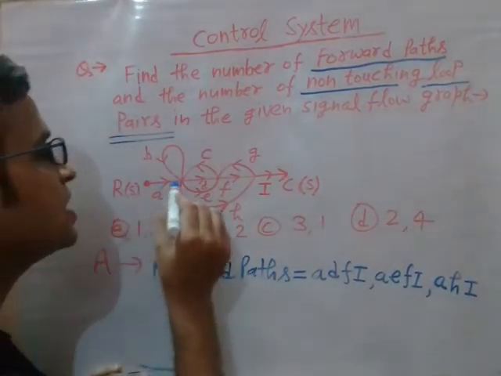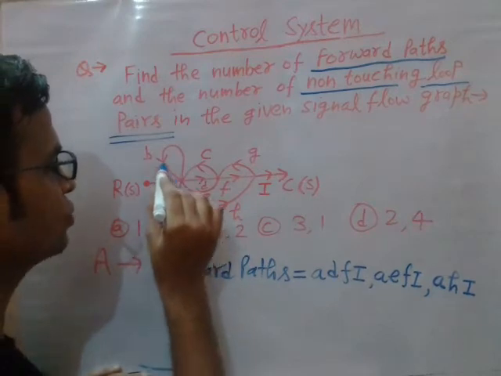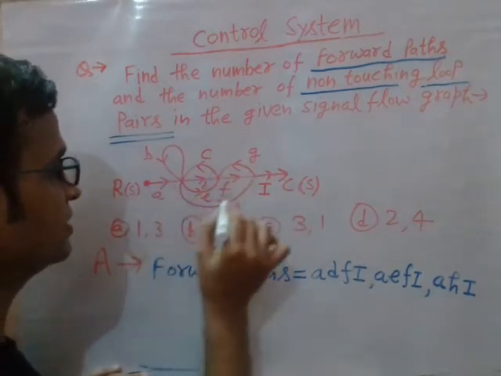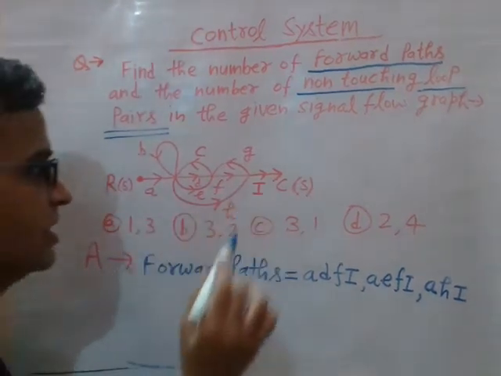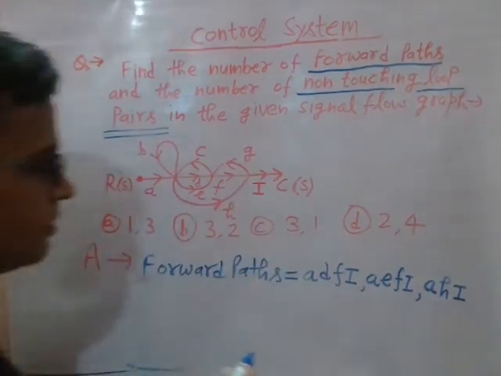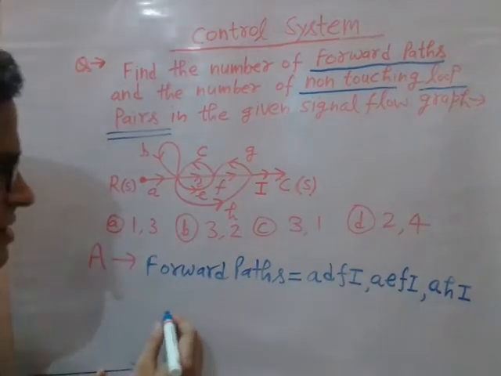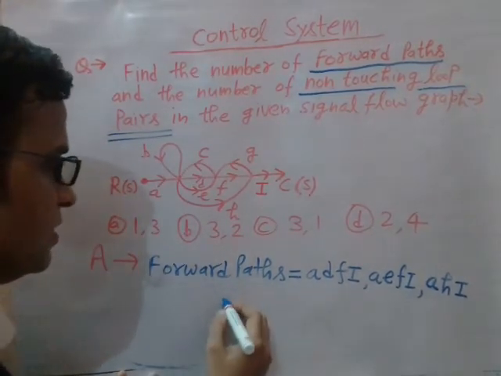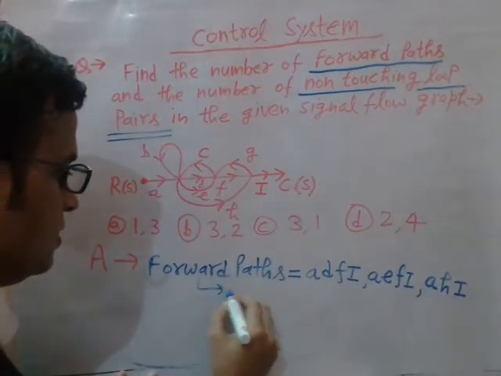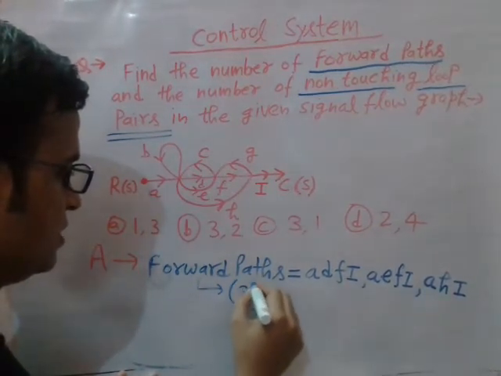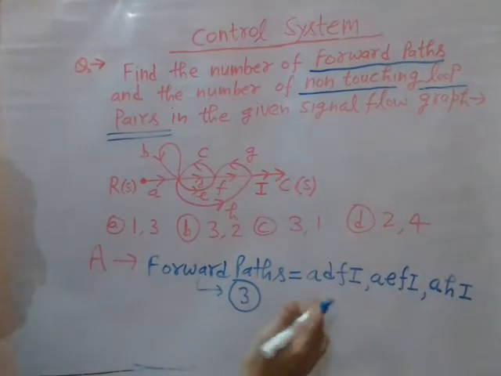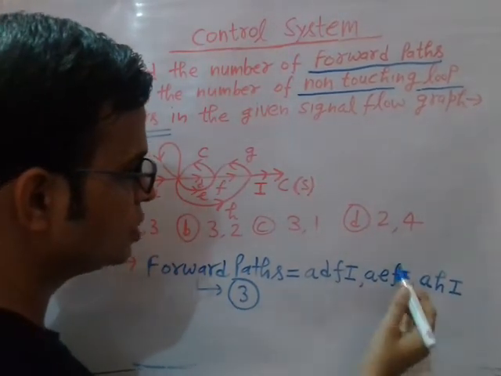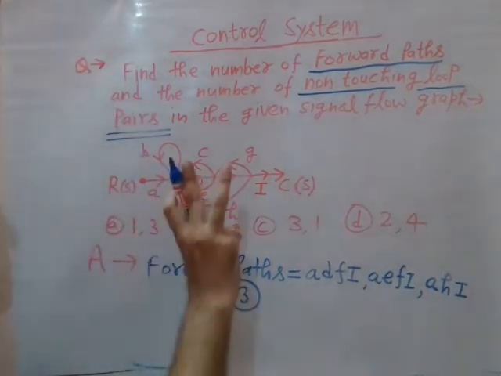Do you see any other forward path? Answer is no. You cannot find any other forward path by any means. We have covered all the possibilities. So how many forward paths are there? The total forward paths in the given signal flow graph are 3. This is one, this is another, this is another. So 1, 2 and 3, total 3 forward paths.